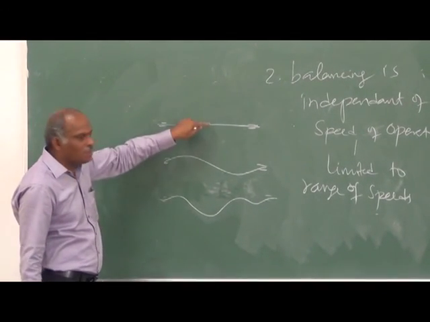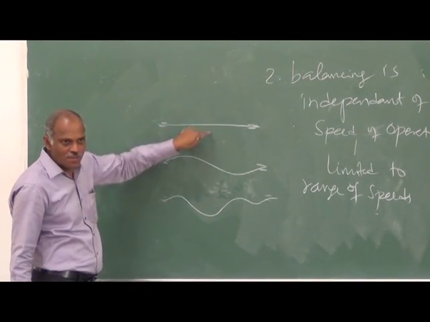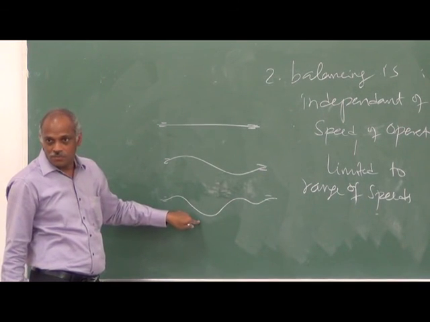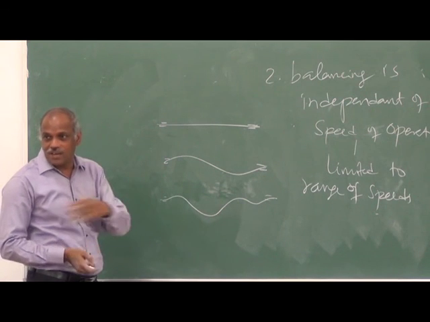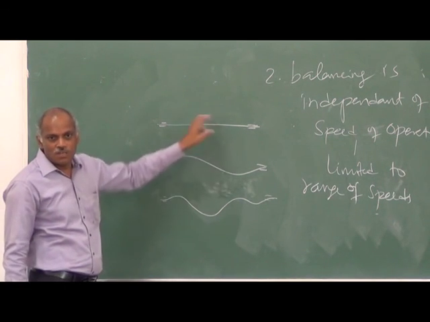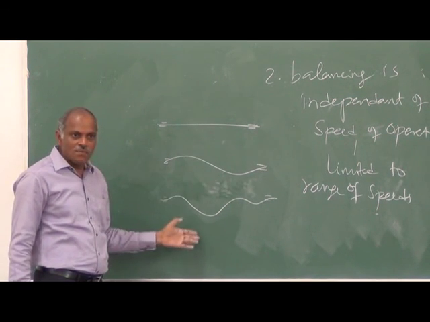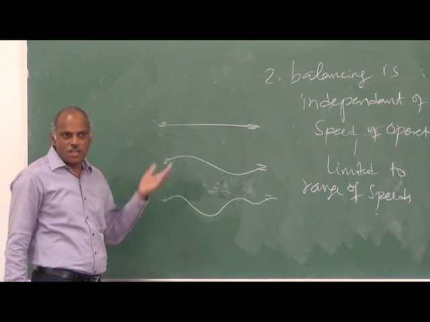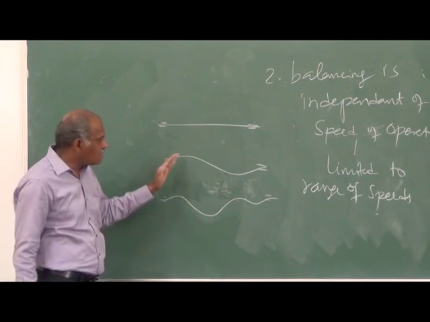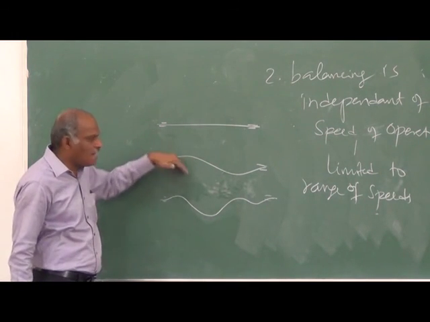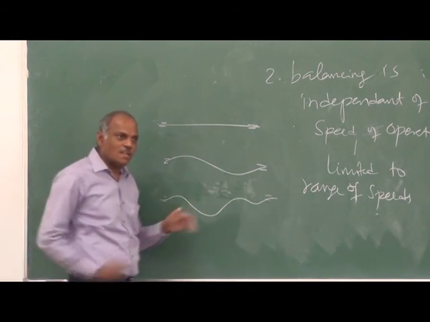In that case, whatever balancing you did with one shape is not applicable to another. So it is speed dependent at a higher range of speed. Balancing of high speed machines like the jet engine of an aircraft is very critical, because the operating speeds are so high that the shaft itself will bend and take a shape.